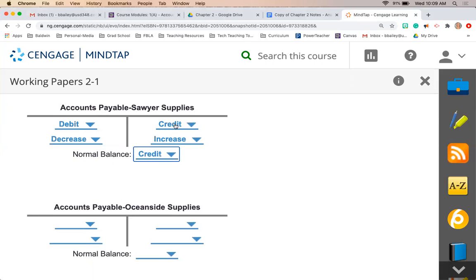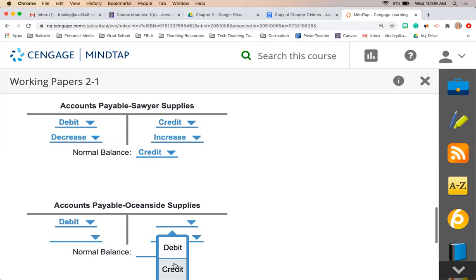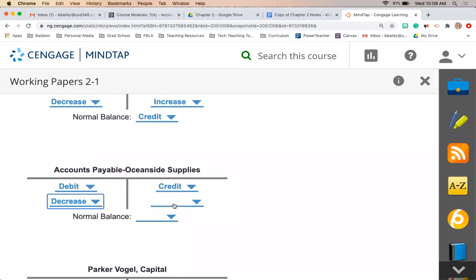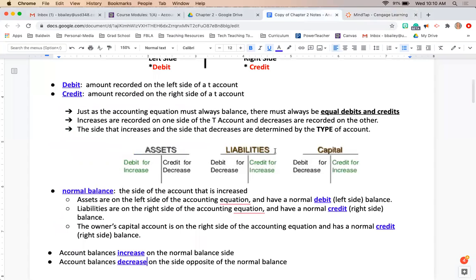Credit would be the normal balance. This is another accounts payable, so that tells me it's a liability. That means it will decrease with a debit and increase with a credit, and the normal balance will be the credit side. If we forget, we can go back, look at our notes, and here's the information for liabilities.